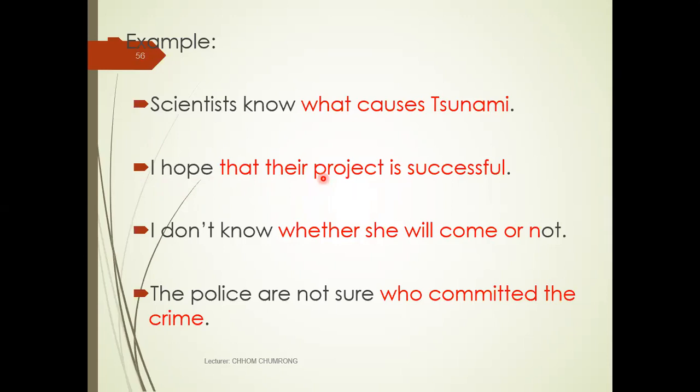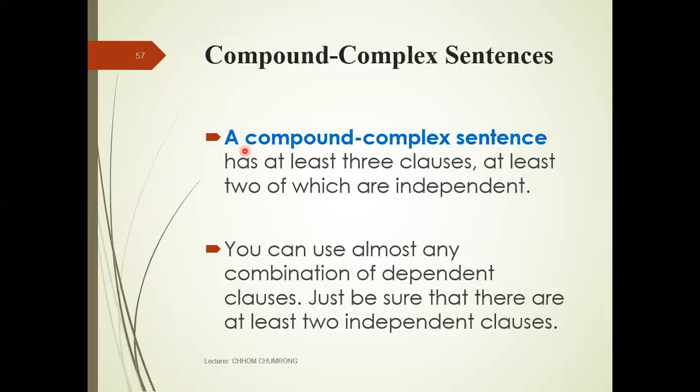Okay, so what you have to recognize is that relative clause, adverb clause, or noun clause, they are DC. And why? Because they start with a subordinating conjunction. That's why they are DC. So DC with IC, we call a complex sentence. And the last one we call compound complex sentence. How about this?